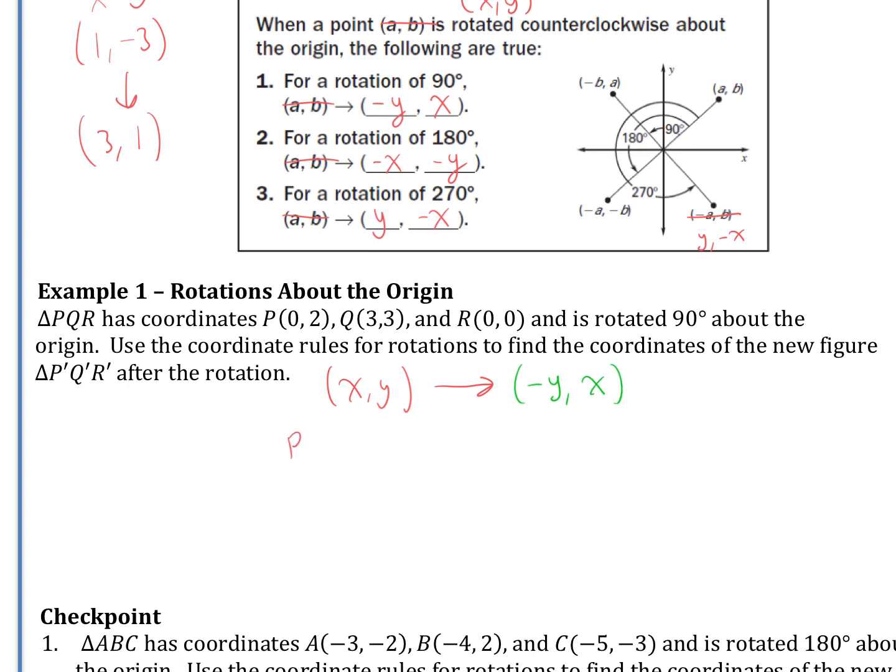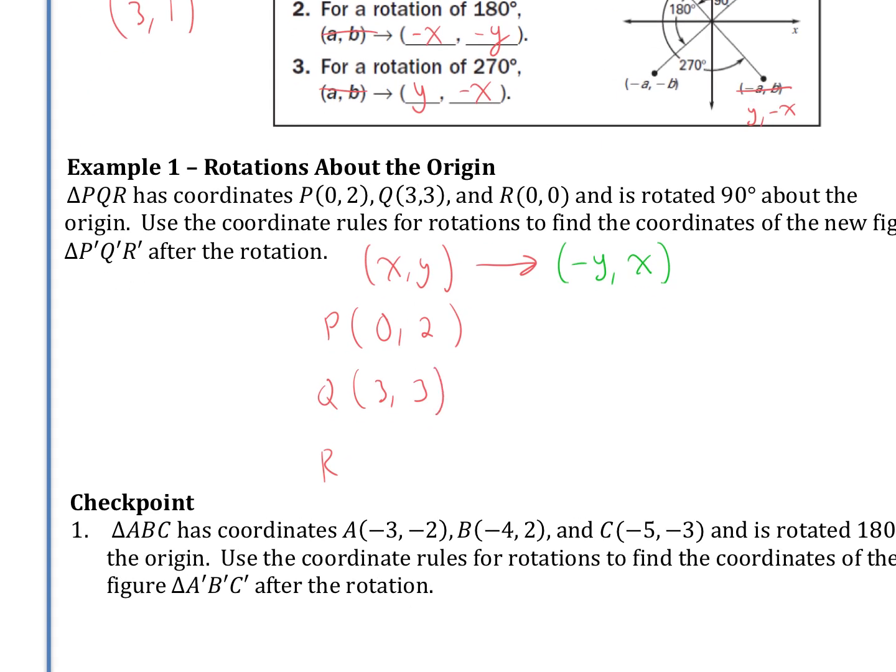So P, Q, and R have these coordinates: P is 0, 2, Q is 3, 3, and for R we have 0, 0. If we apply the rule to them, P prime: the opposite of 2, which is Y, is going to be negative 2, and X is going to stay the same, which is 0.